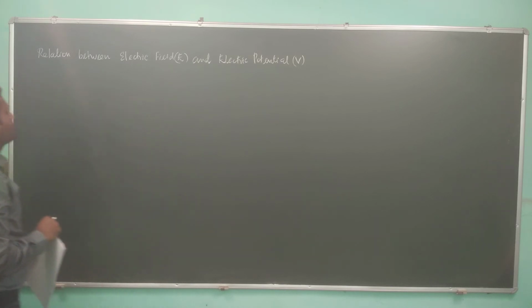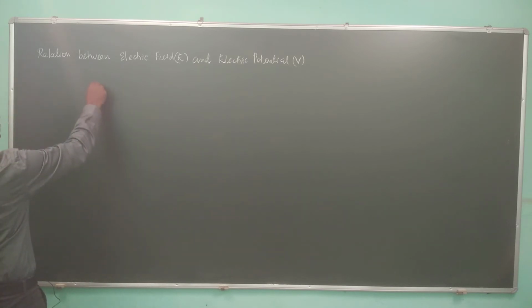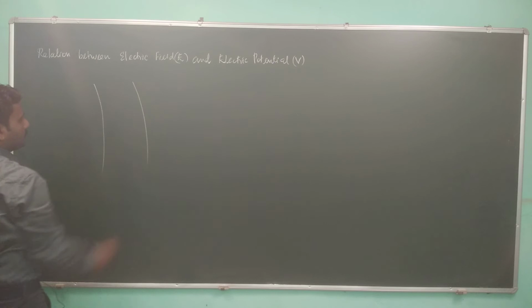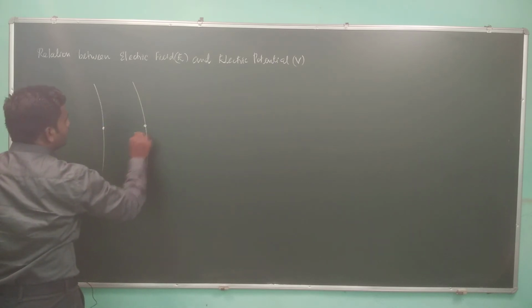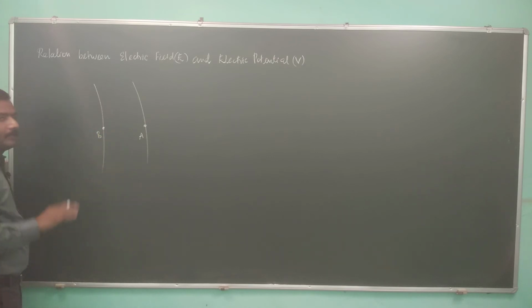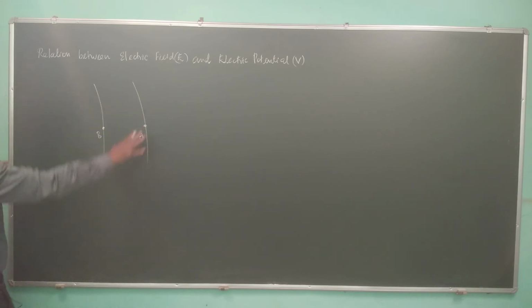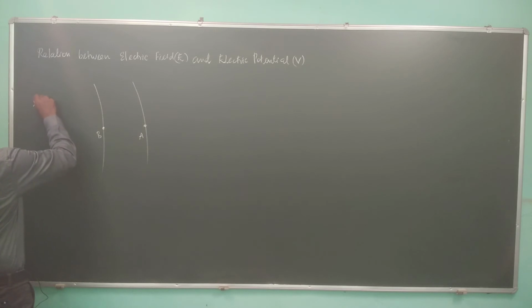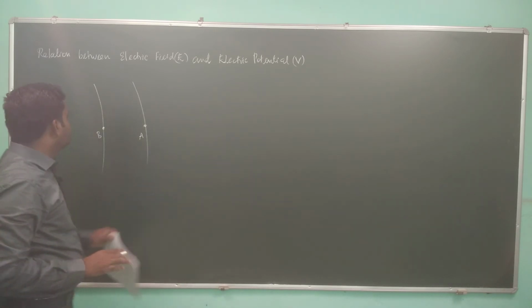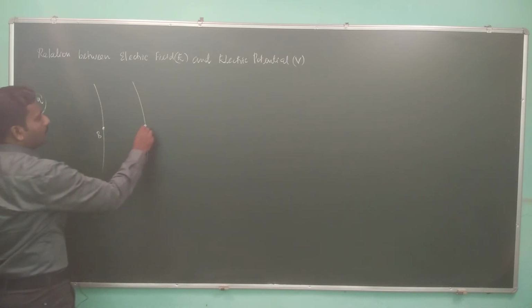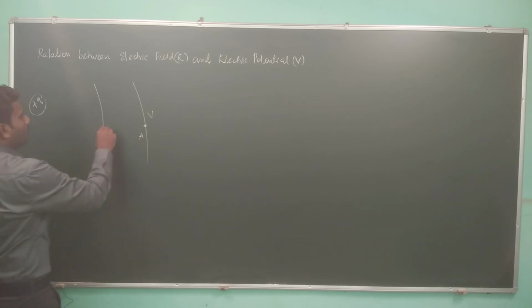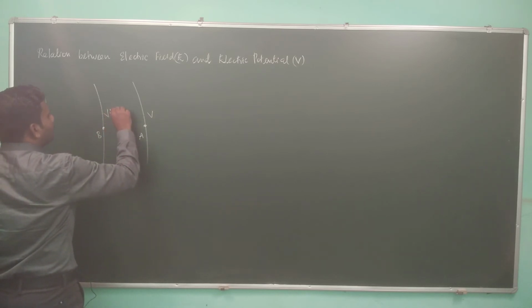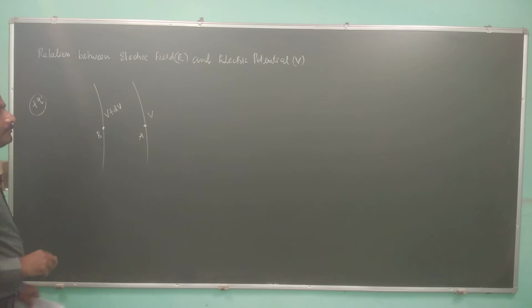For this purpose, let us consider two points A and B. Assume that these are located in the electric field of charge plus Q. Point A has the potential capital V, point B has the potential V plus dV.